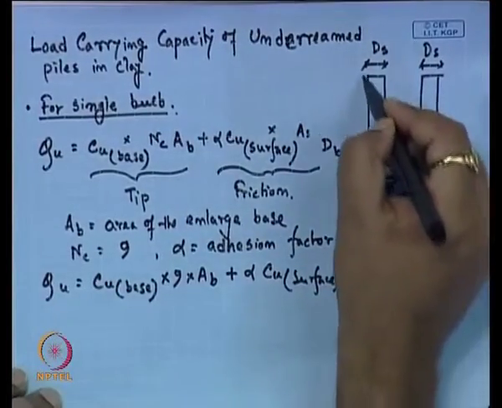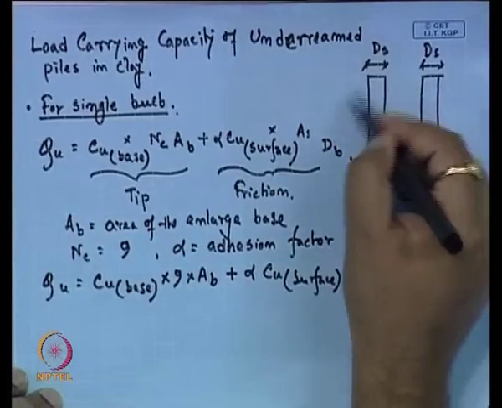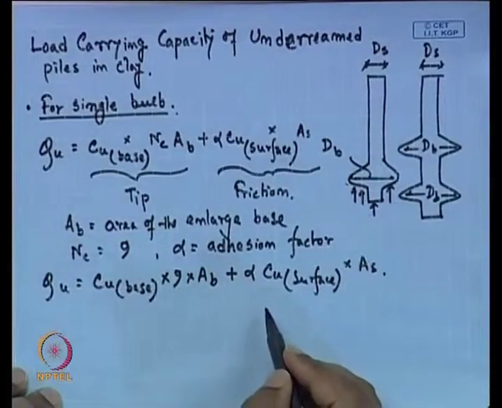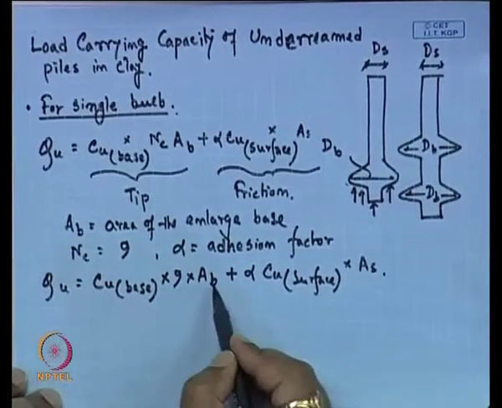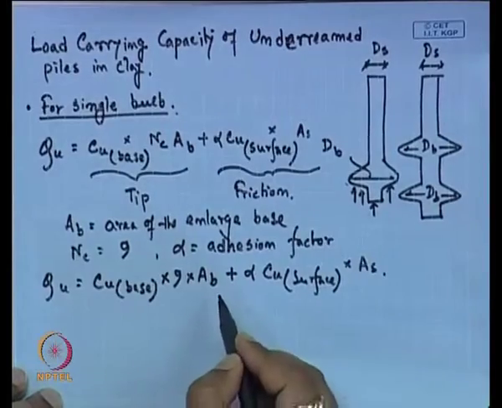So, this is the friction portion, the surface area of the shaft, and C u at the base is the base cohesion, and A b is the area of the enlarged base.